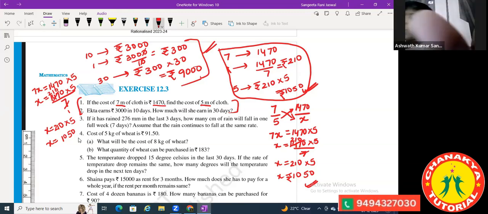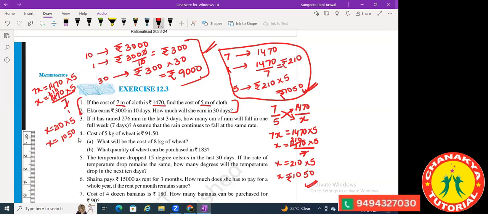Ma'am, 1 kg of wheat is equal to 18.30 rupees. Are others also getting the same answer? Let others also find out.